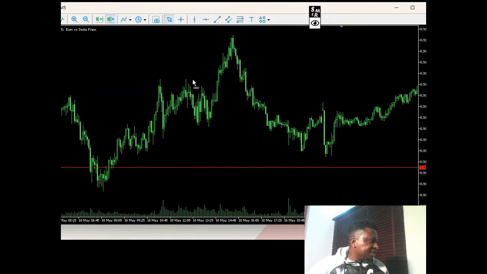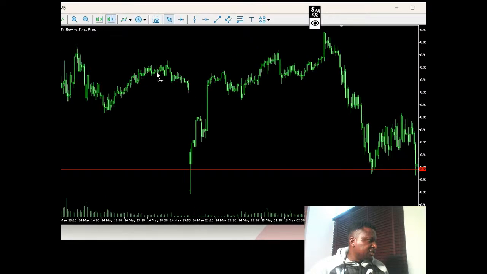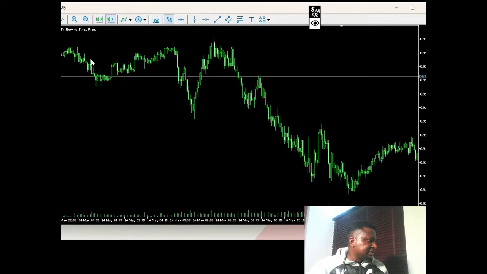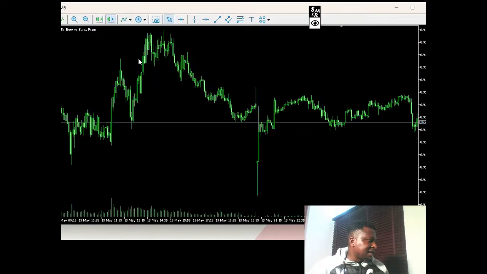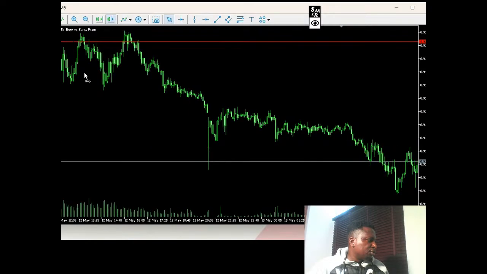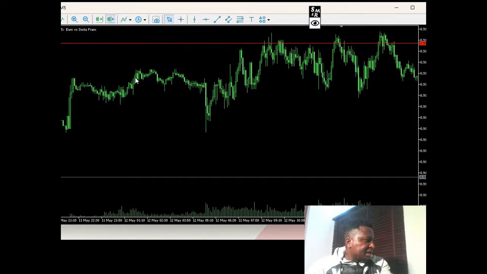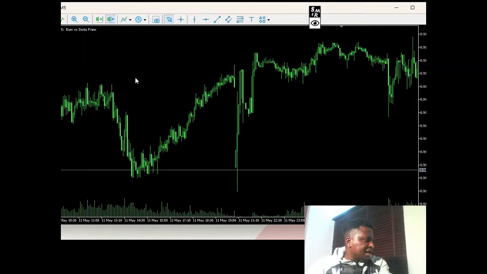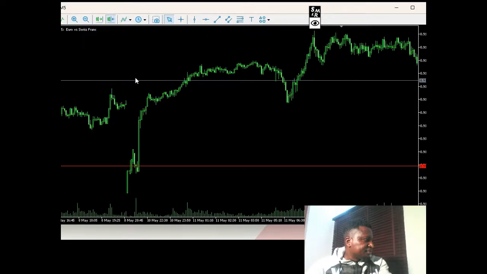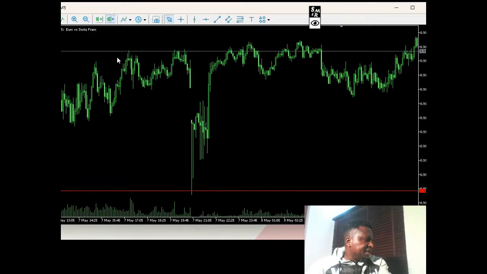This is 5 minutes. You will see smaller support and resistance because it's a smaller time frame. If you go to 1 minute, you will see it more. So let's be going back. I'm trying to go back to where I have that line. Okay, this is 5 minutes.